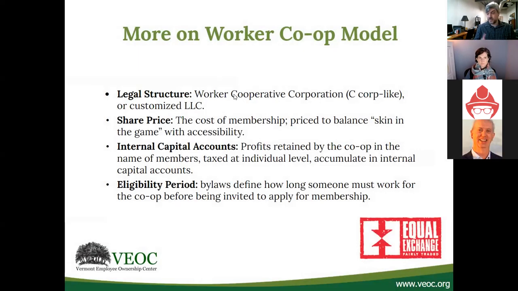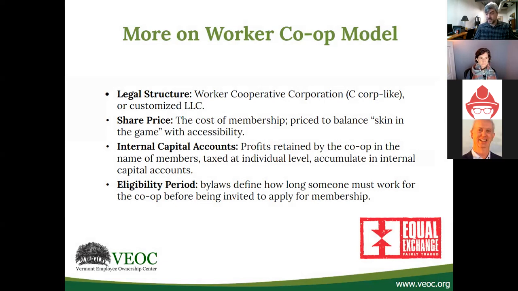So generally, Vermont does have a worker cooperative corporation statute, which is C Corp-like. A lot will just incorporate as a general cooperative C Corp with worker co-op bylaws. And there are reasons sometimes that people will use an LLC structure, but usually it's a corporation. One key difference between this and a partnership is that the cost of membership is not based on the market value of the company.